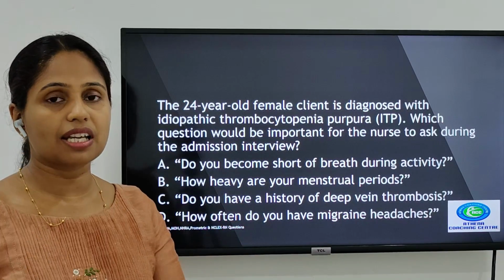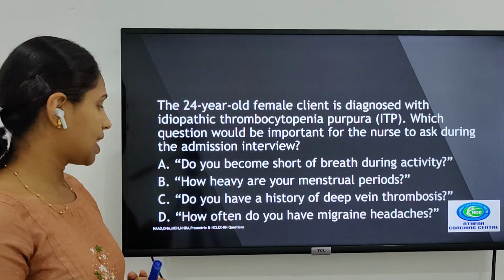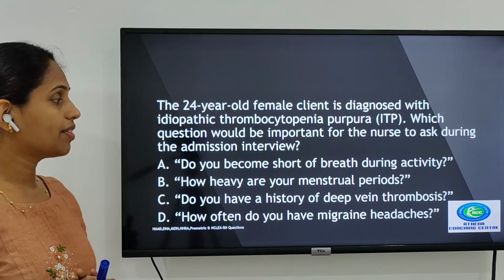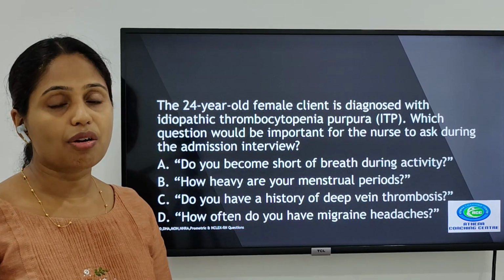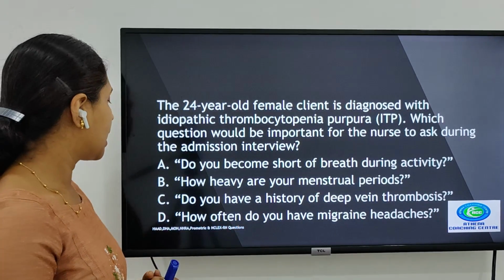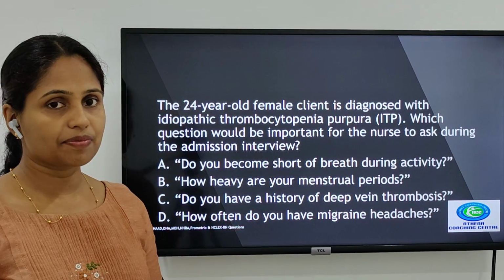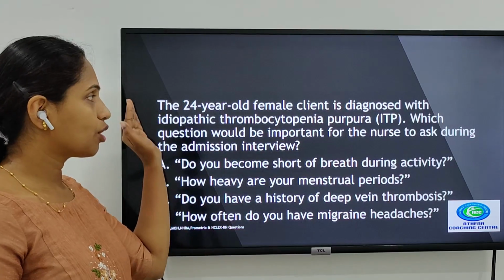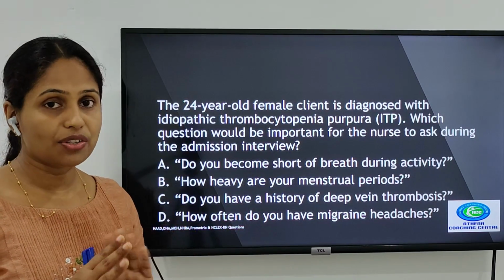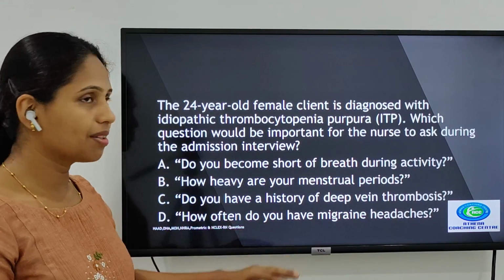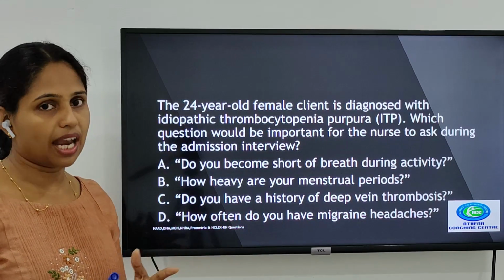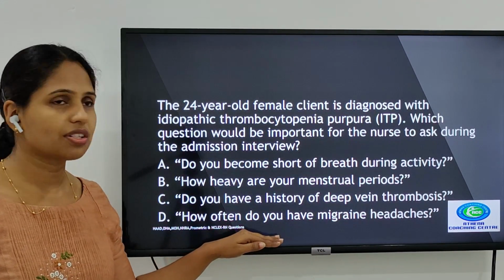That is something related to bleeding. Third option, do you have a history of deep vein thrombosis? And D, how often do you have migraine headaches? Migraine headache and thrombocytopenic purpura are not related. If it were a simple headache, yes, you could relate it. Otherwise, this is not related.